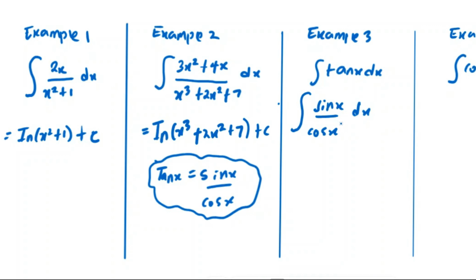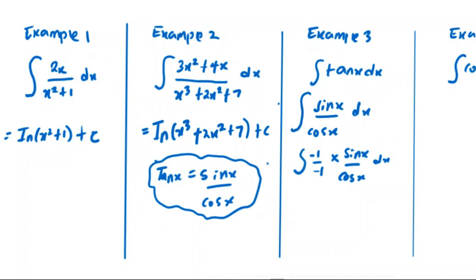We have to introduce that minus sign. Now, don't forget, we can say that the integral of sine x over cos x is the same thing as the integral of minus 1 divided by minus 1 multiplied by sine x divided by cos x dx.